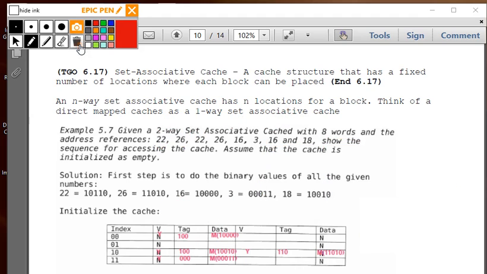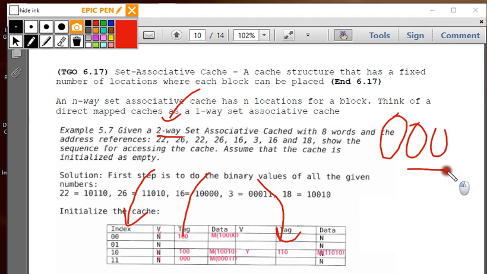But here, it's two-way, which means we're going to cut this in half. So if we have 8 words and two-way, instead of using 3, we're going to use 2, because this multiplies it by 2. So if this was 16, each of these would be 8 elements in a two-way set associative cache.